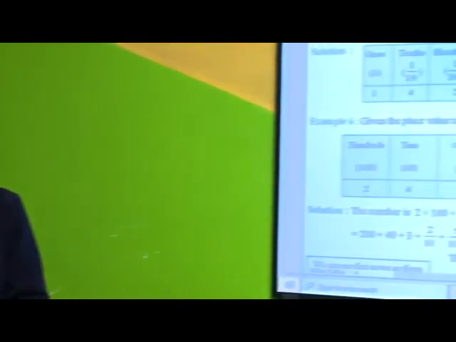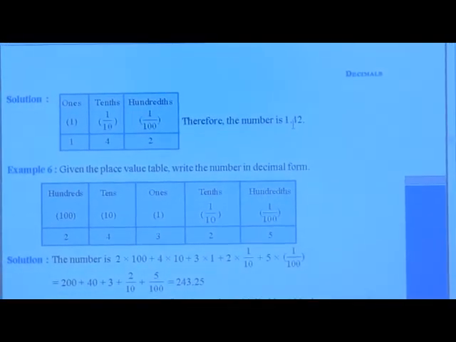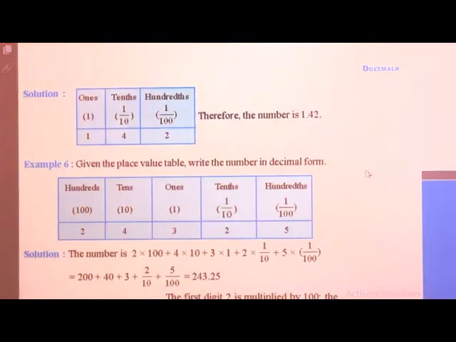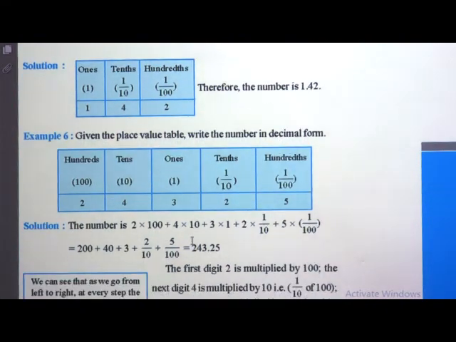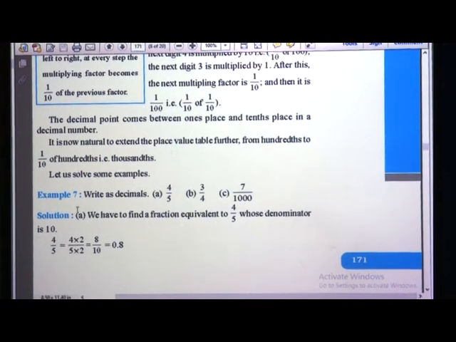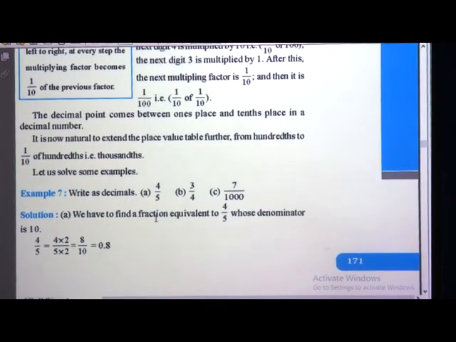As you know that after decimal point we have the place values like 10th, 100 and then 1000. So, we have seen few examples, we will continue that. See, example 7, write as decimals. Now, you can observe here 4 by 5.